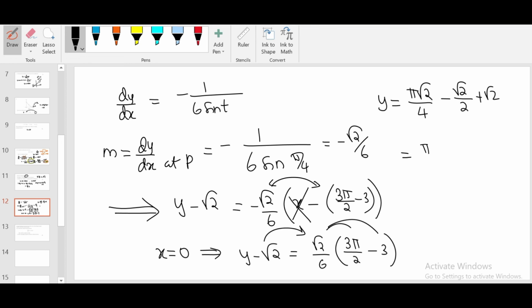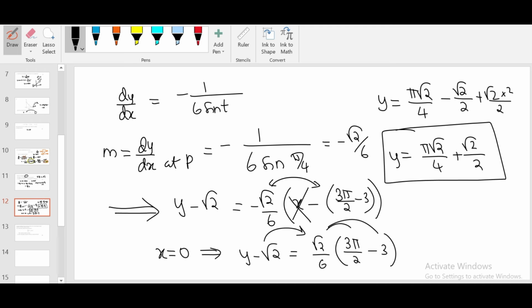So that's pi root 2 divided by 4 minus, when you multiply and divide this by 2, you can combine, you'll get plus root 2 by 2. That's the y coordinate of the tangent.